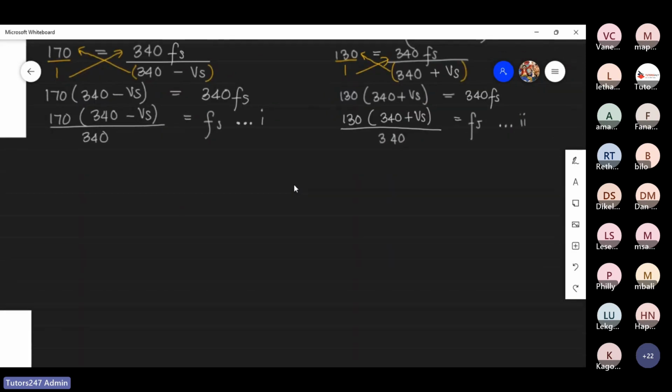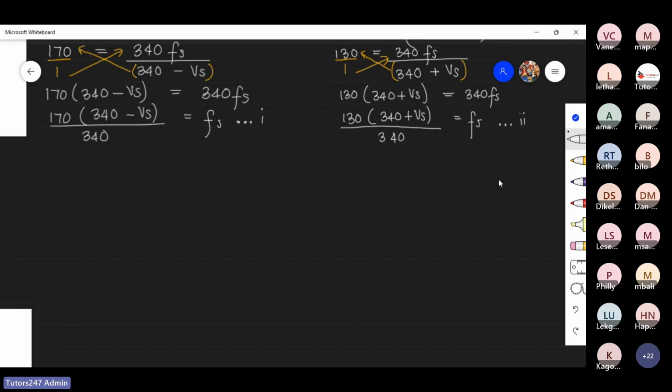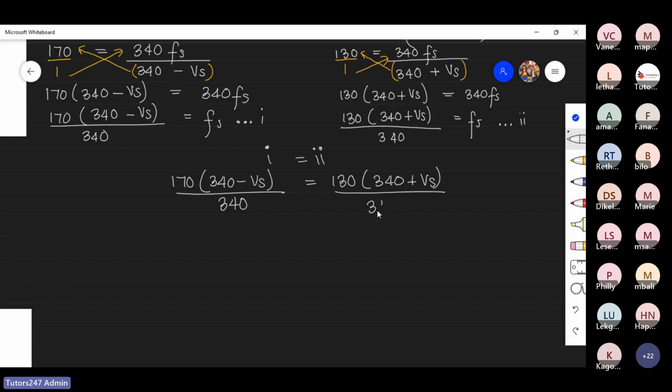So all I'm now going to do is connect both equations, equation 1 on the left and equation 2 on the right. In place of Fs in equation 1, I'm going to substitute 170 into 340 minus Vs, all over 340. That is equal to my equation on the right, which is 130 into 340 plus Vs, all over 340.